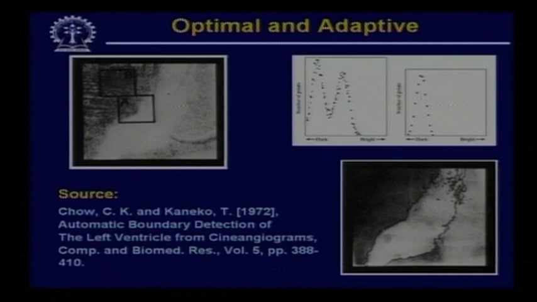Whereas if I take a sub image here, it normally shows a unimodal histogram, which is given here. For these sub images no threshold was detected; the threshold was detected only for those sub images which showed a bimodal histogram.